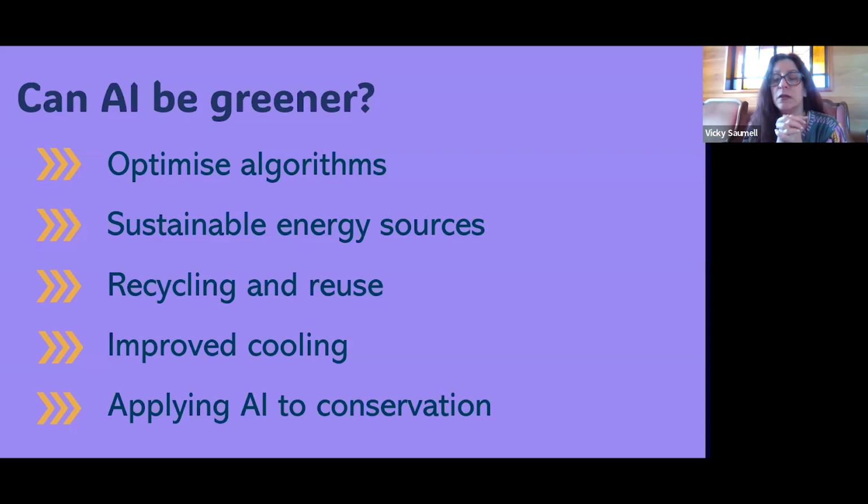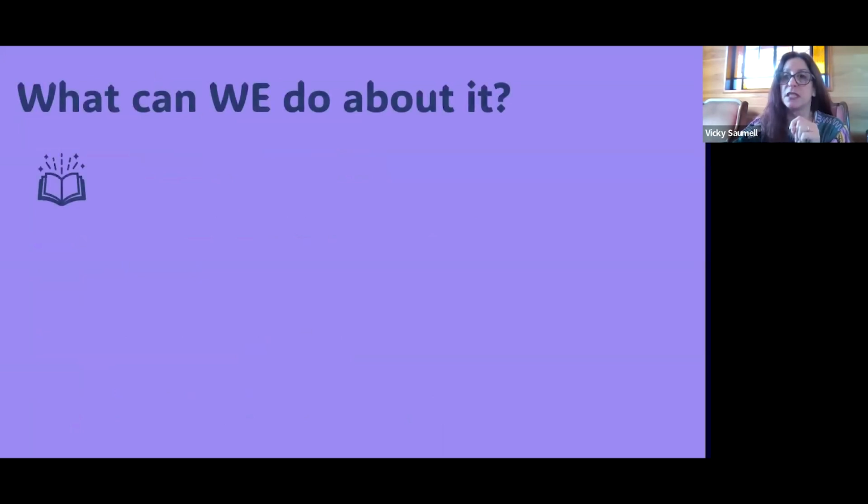So it was very disappointing in a sense, because I said, so what can we do? What can I as an individual do? And so I put together some strategies of things that we as individuals can do to counteract the environmental impact of generative AI.